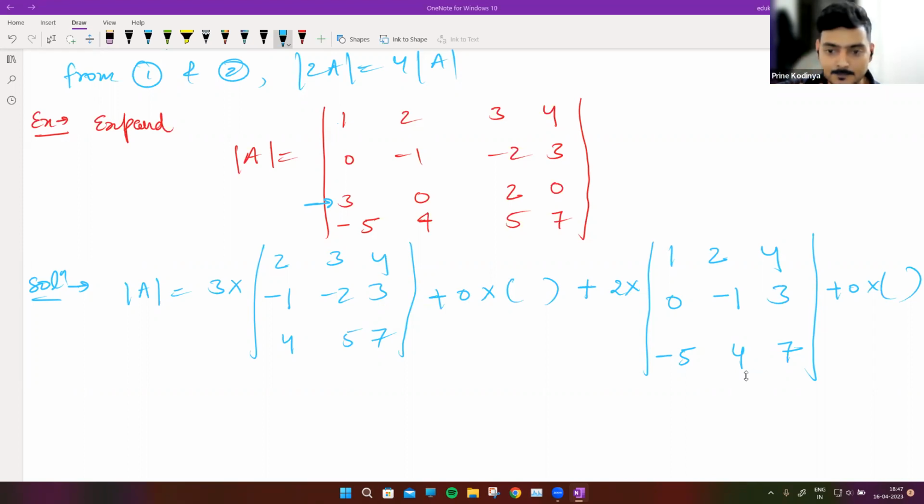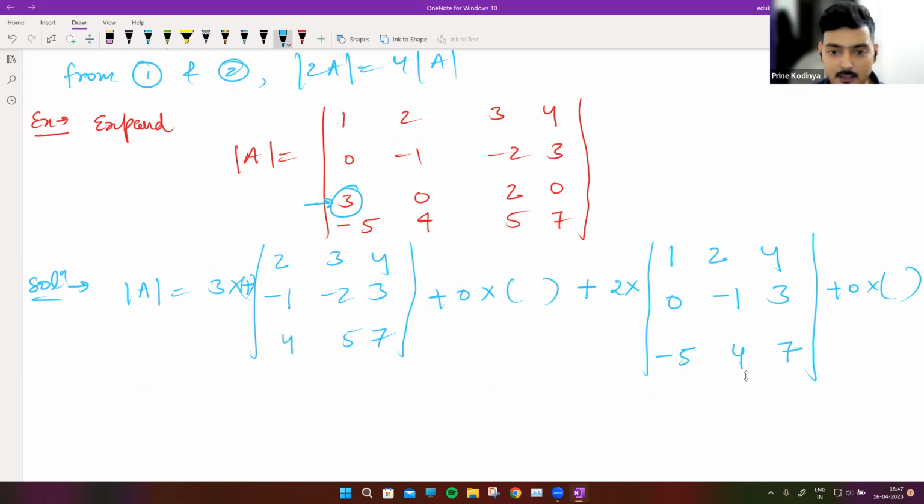Then if I expand it along the third row, it is 3 into the cofactor of 3. Now the cofactor of 3 we can easily find out, -1 to the power i plus j. This particular element belongs to third row and first column, so i is equal to 3, j is equal to 1, and i plus j would be 4. So there will be a plus sign here.